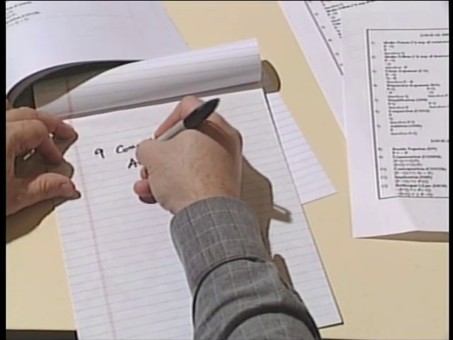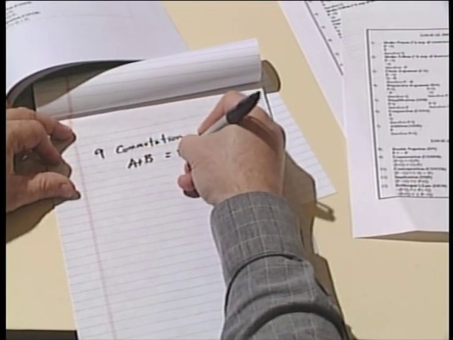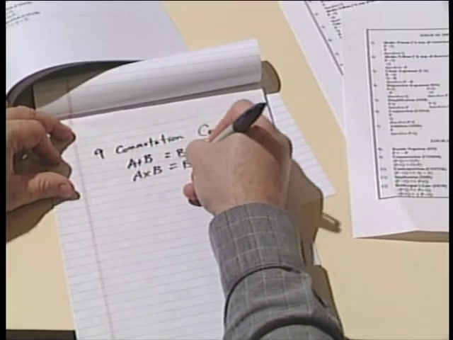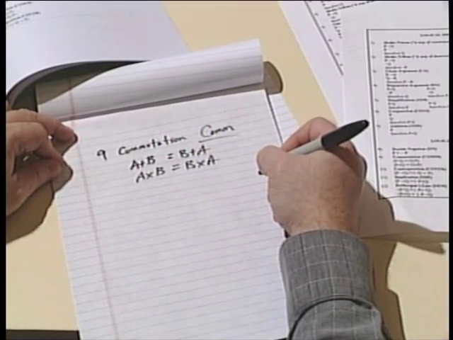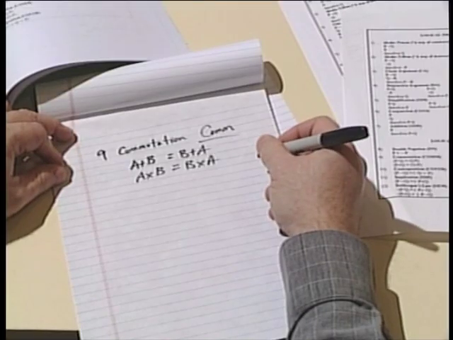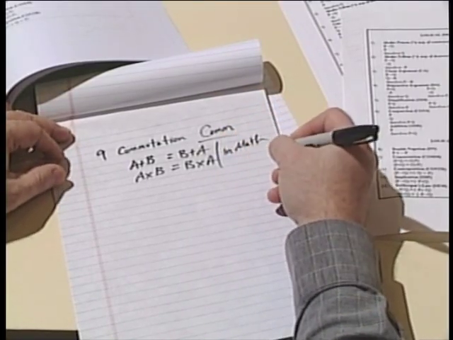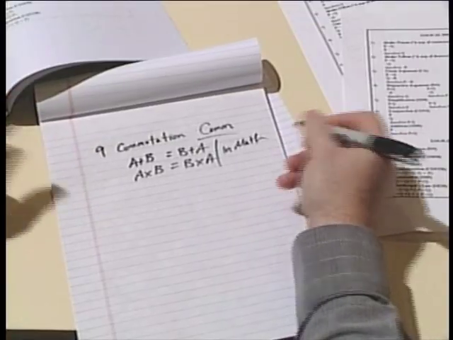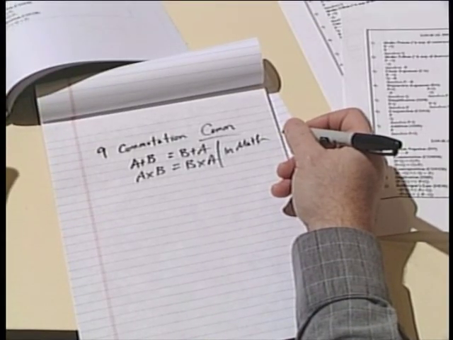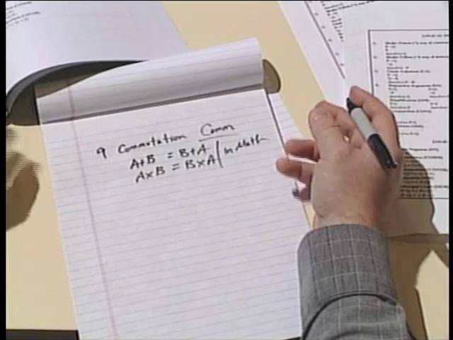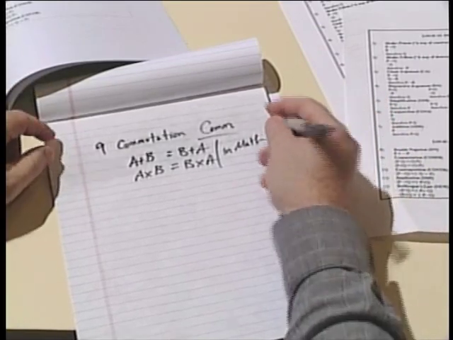A plus B is the same thing as B plus A. A times B is the same thing as B times A in math. Notice that you can't do that with division. 7 divided by 3 is not the same thing as 3 divided by 7. Subtraction doesn't work this way either. But sometimes it works just to flip it around.